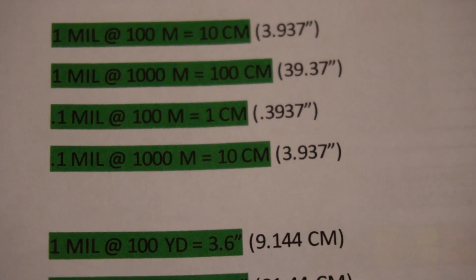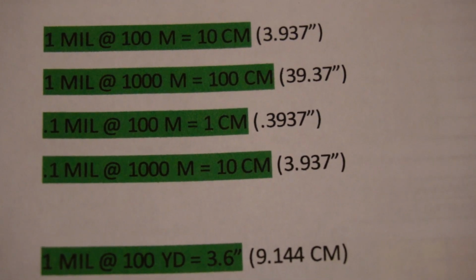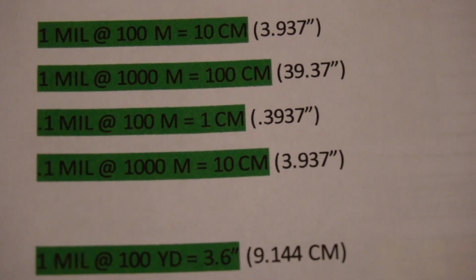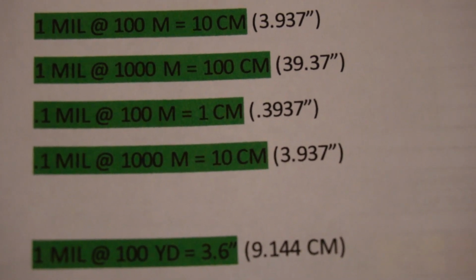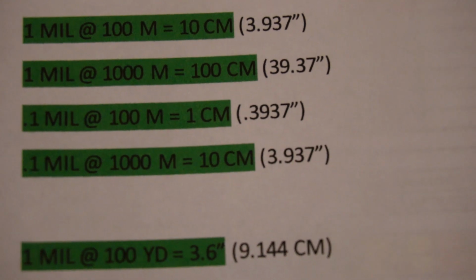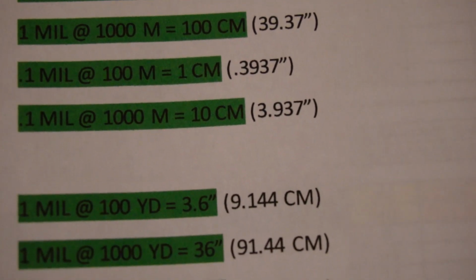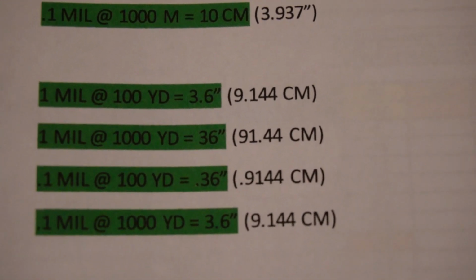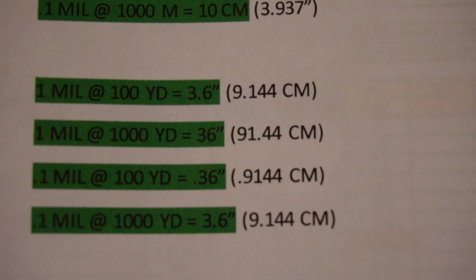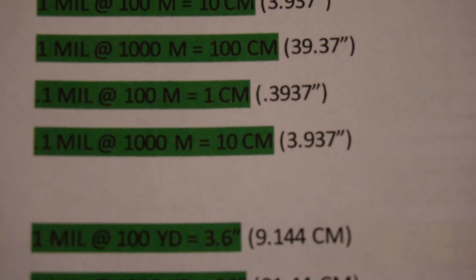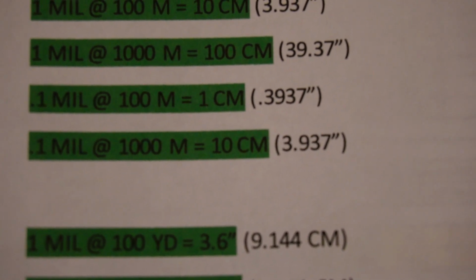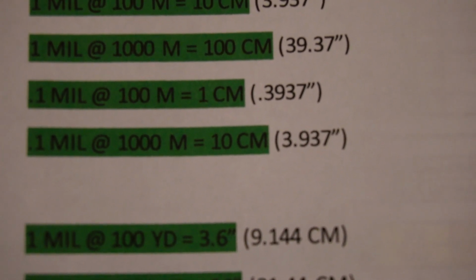Now, out to the right, you can see where I have added the actual measurements in inches for how much you would be adjusting for one click. With meters, 1/10 of a mil at 100 meters is 0.3937 inches.